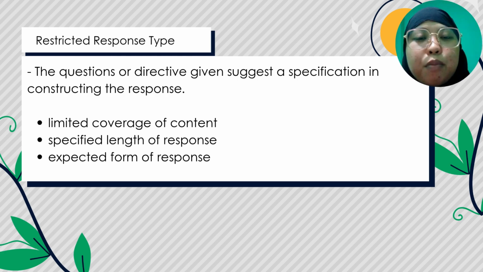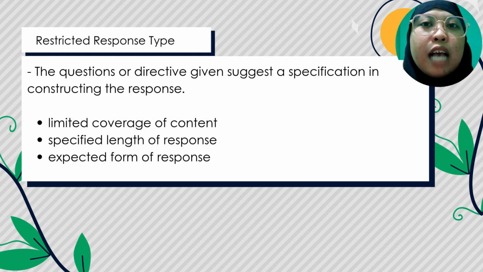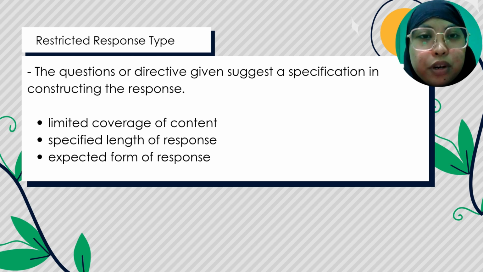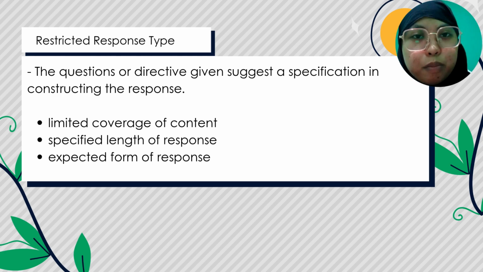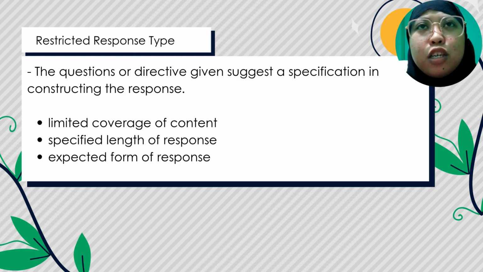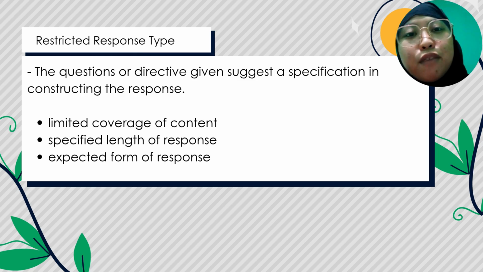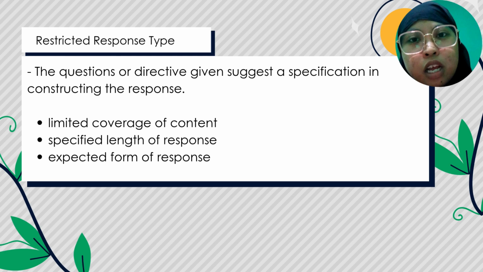For example, your teacher asks you to write an essay about the political issues that are happening in our country lately. And it is specified that you are going to write your essay in an RM form, and the words should not exceed 500 words.